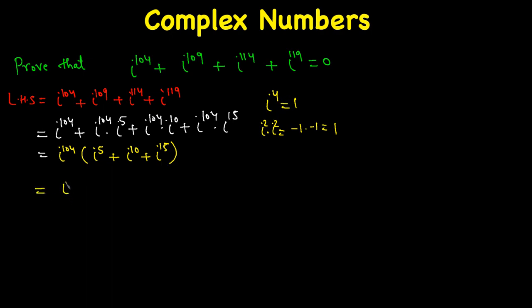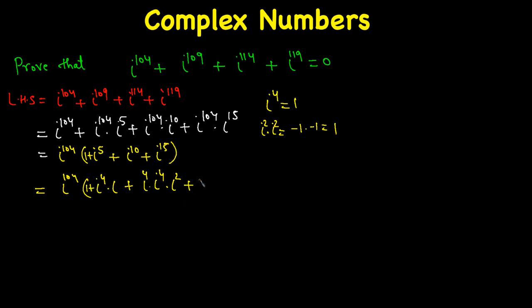Iota raised to power 104, and this can be written as iota raised to power 4 into iota, and this one can be written as iota raised to power 4, iota raised to power 4, iota square. And then we got, what did I miss here? Oh, I missed 1. So 1 plus, here you go.